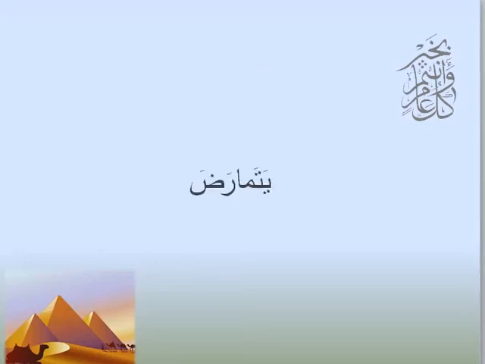Let's give an example. Here, this is probably the perfect example. This is a measure 6 verb. Yetamarid. Well, you can tell it's measure 6 because, right, the ta, the aleph, so this is definitely measure 6. Now, what question do we always want to ask? What is the root here?